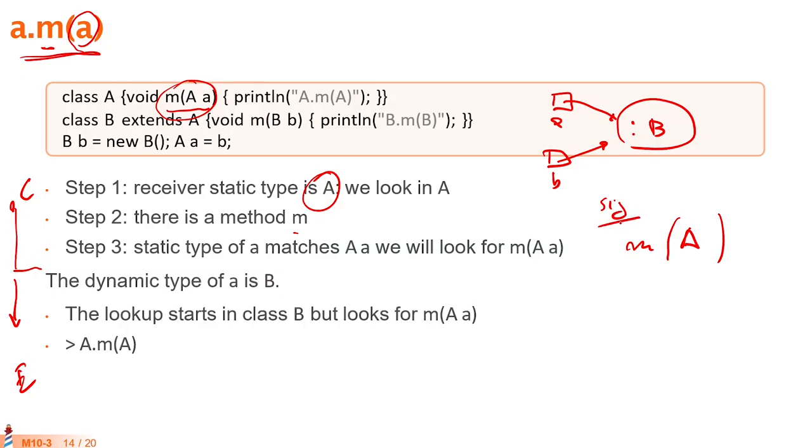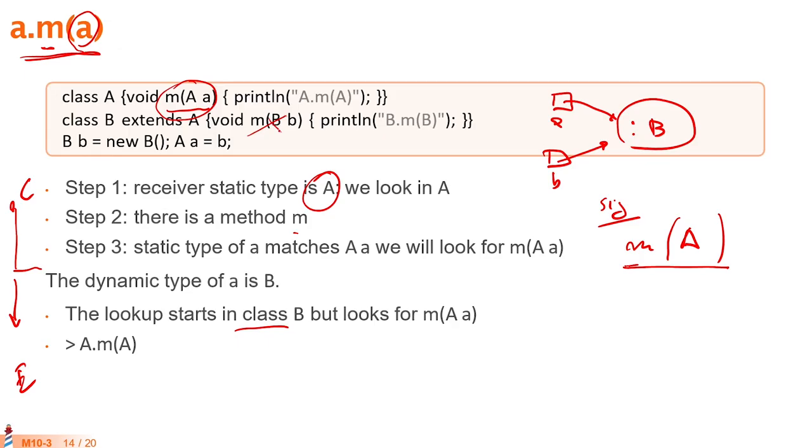So when we are in execution mode and we want to execute this code, we ask: what dynamic type has the variable A? In this case it is class B. So for the lookup, we start from the class B, but we always look for the method called M for a class A. We start looking in class B and we see there is a method called M, but it's not the correct one because the signature is not correct.